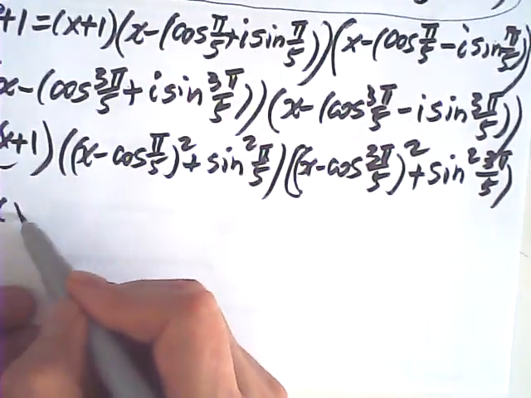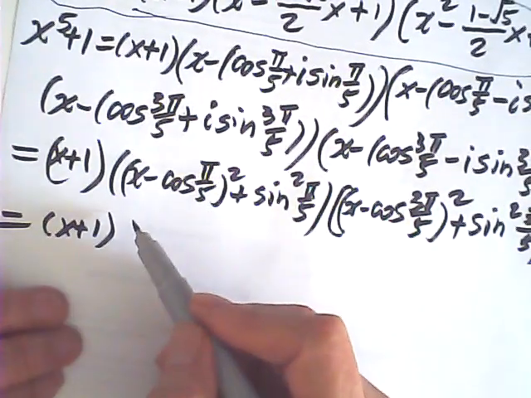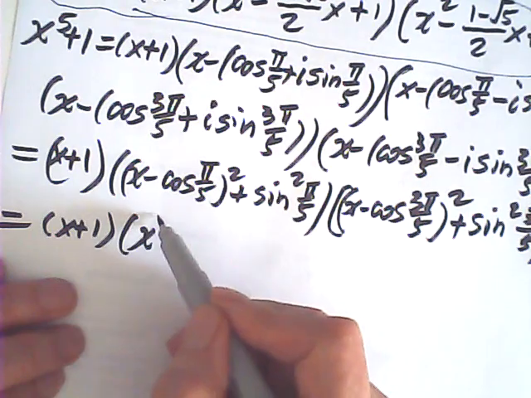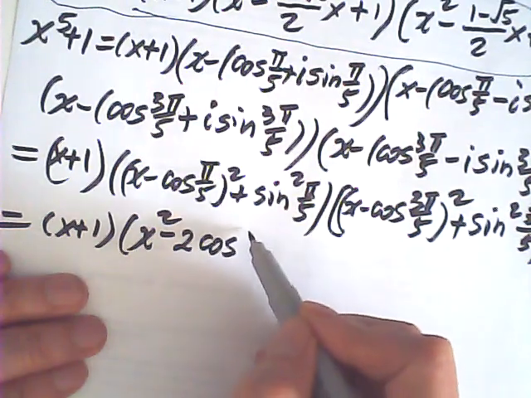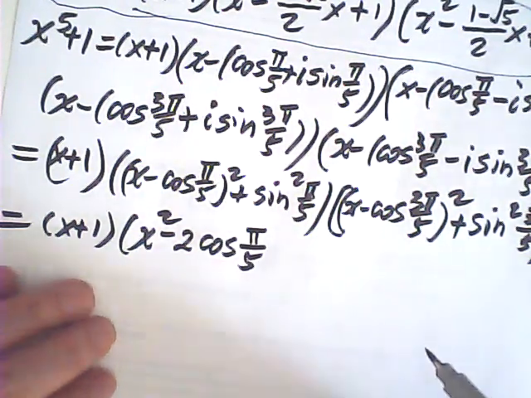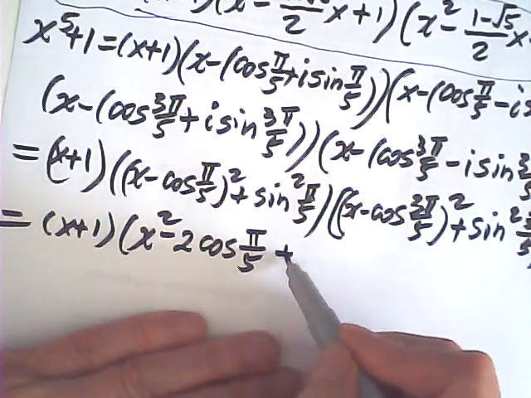Yeah, this is equal to x plus 1. And this would be x squared minus 2 cosine pi over 5. This square plus this square is 1.